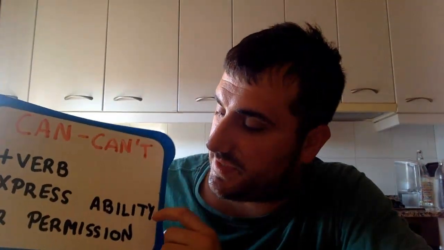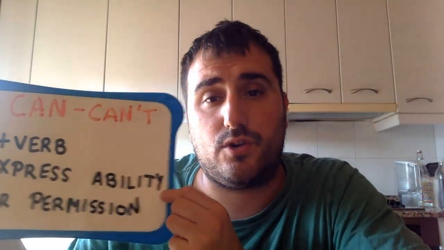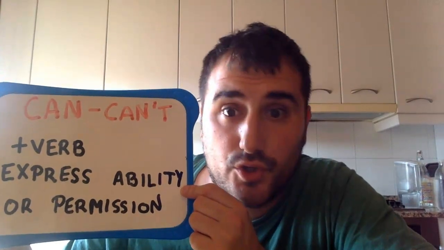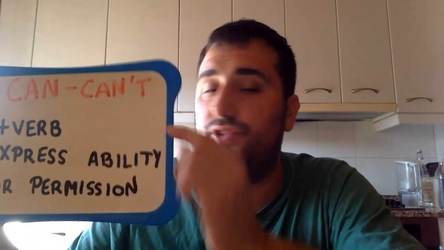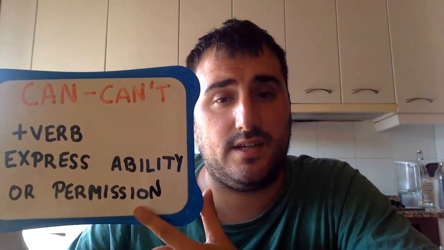The affirmative sentence in this case is expressing ability, but I can also use it in the negative if I don't know how to do something. And the negative sentence, I can't go to bed late, is because you don't have permission. Again, this can come in an affirmative sentence if you have permission to do something.